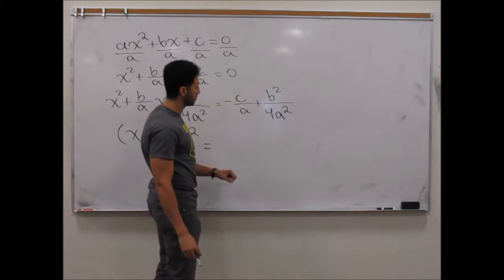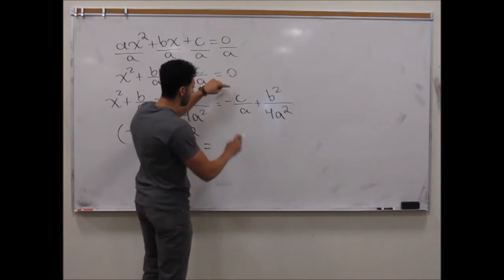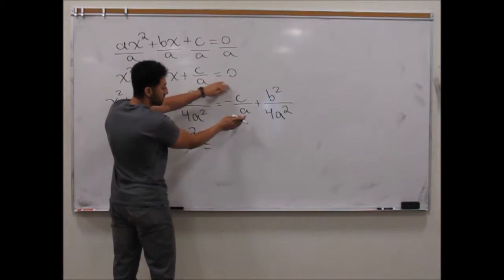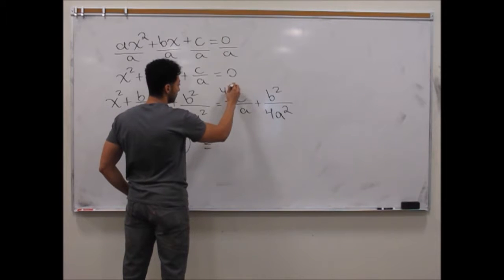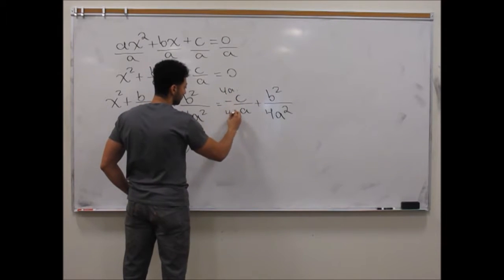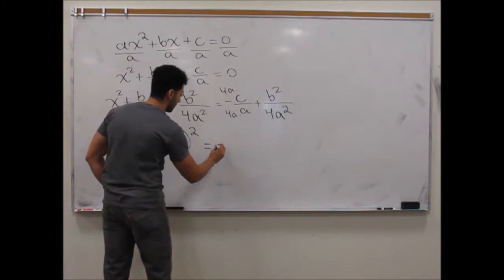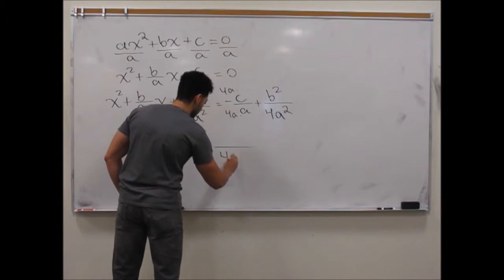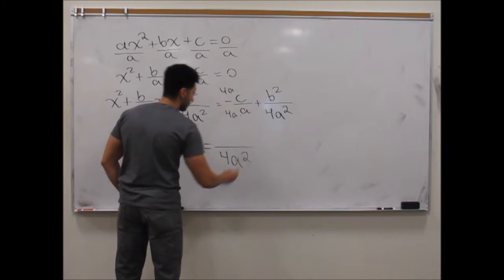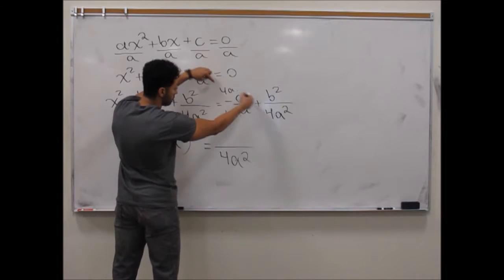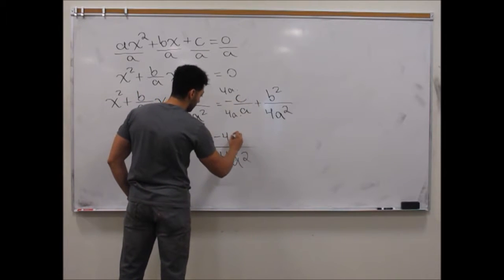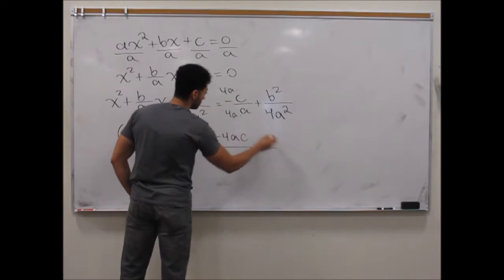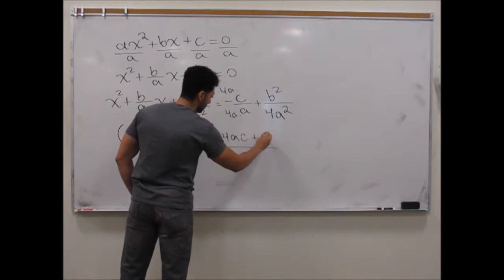The LCD looks like 4a squared, so I'm going to multiply the top and bottom of this fraction by 4a. Now we have an LCD of 4a squared, and on top, this will all multiply, so you'll get negative 4ac plus b squared.